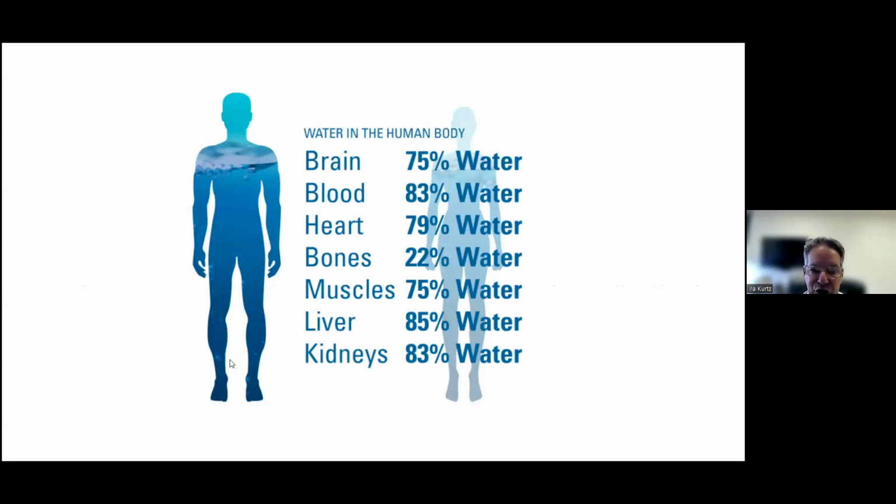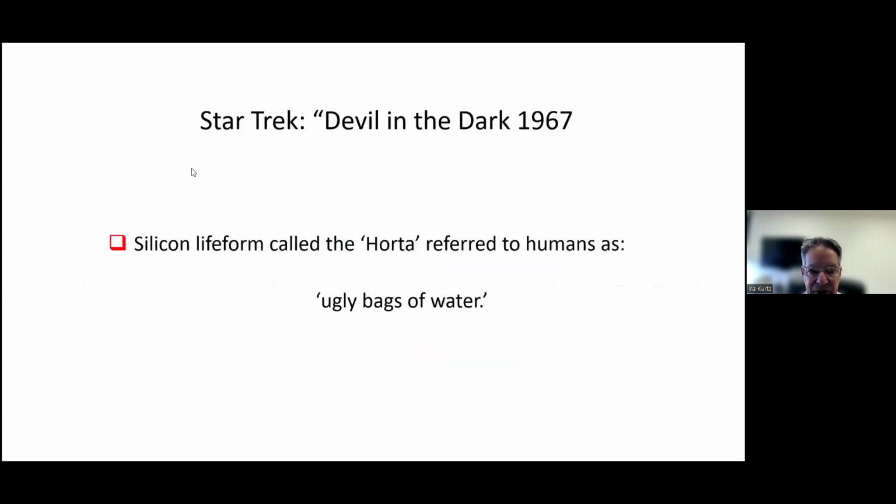And when you look at the human body, it's very interesting. You're mostly water. Your brain is 75% water. You can see only the bones have a very low percentage. The liver is 85% water. We are basically water. In fact, those of you that are old enough might have seen a Star Trek episode in 1967.